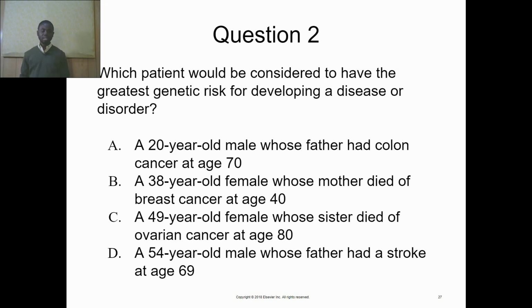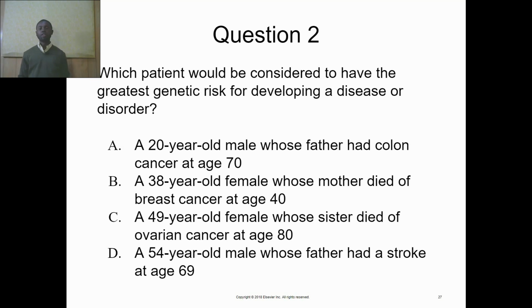So a 38-year-old female whose mother died of breast cancer at 40 means that this particular client is at a higher risk for breast cancer herself. So this patient's mother had the cancer at an early age, and that predisposes the 38-year-old, who has just 2 more years before she turns 40, to cancer development.